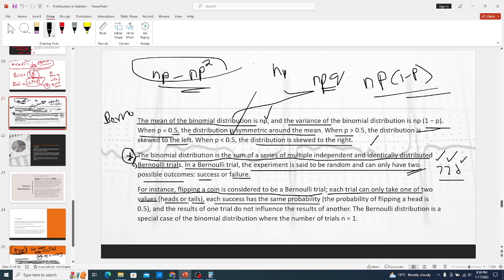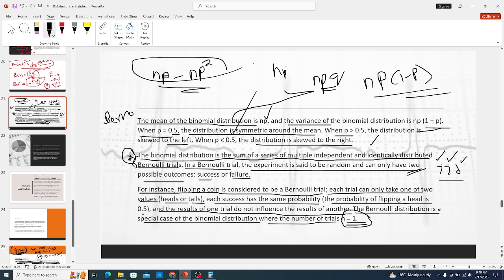Each outcome has the same probability: the probability of flipping a head is 0.5 and of flipping a tail is also 0.5, and the result of one trial does not influence the other. Therefore the Bernoulli distribution is a special case of the binomial distribution where the number of trials is 1.